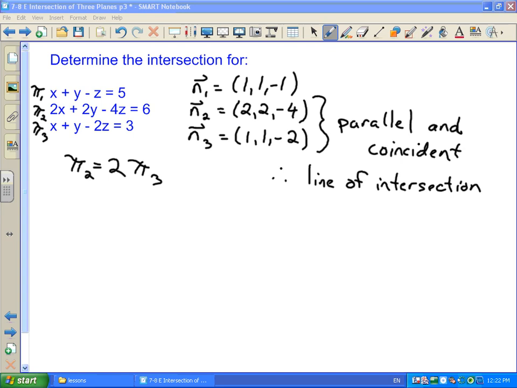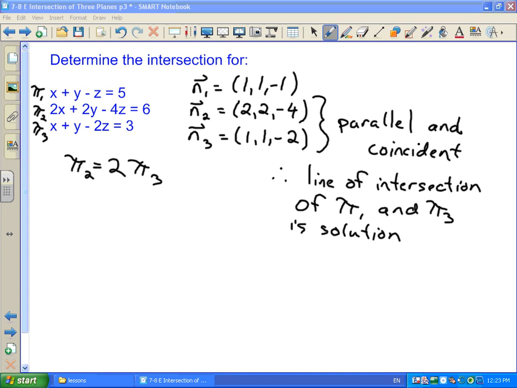Now, because plane 2 and plane 3 are essentially the same plane, it's like you're doing the intersection of two planes. I can take whichever planes are easiest to work with, and I think 1 and 3 are the easy ones to work with, and we just find the line of intersection of plane 1 and plane 3 is our solution.